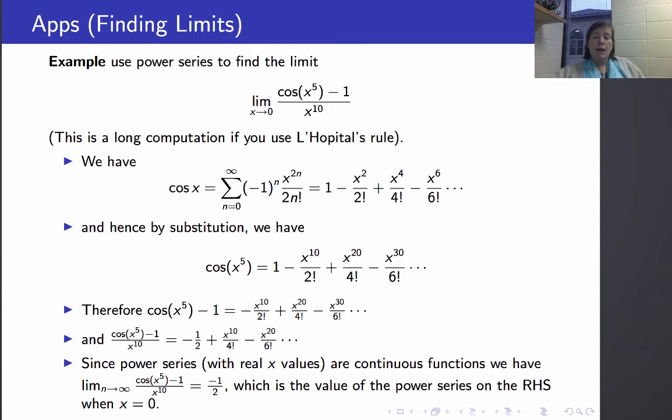So if I plug in x equals 0 into the power series expression, I get minus 1/2 because all of the terms with a positive power of x disappear. Therefore, the limit on the left equals the limit on the right, which equals minus 1/2. And I've solved this problem using the power series expansion of the quotient, the cosine of x to the 5 minus 1 over x to the 10.